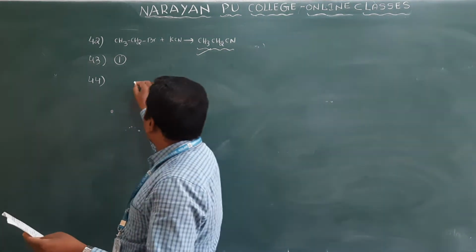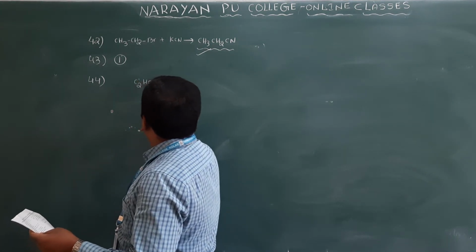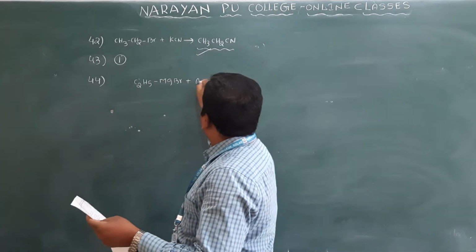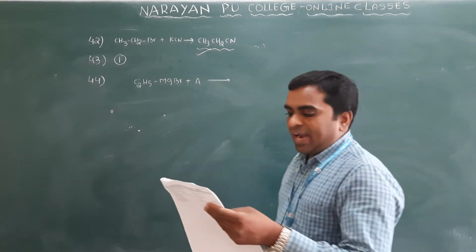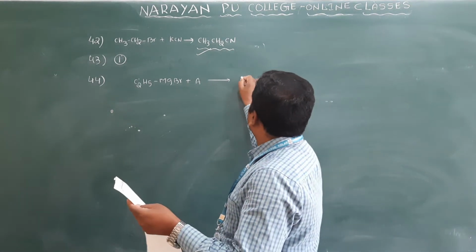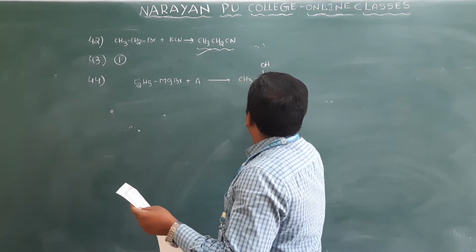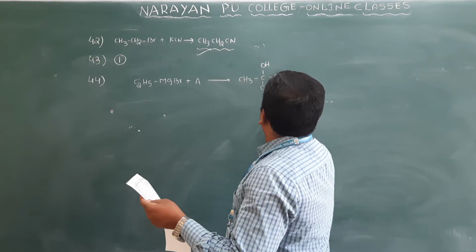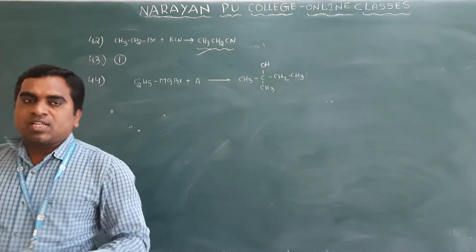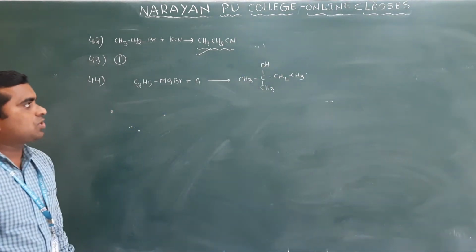Ethyl magnesium bromide, you know, is C2H5MgBr. It will react with some compound A and give 2-methyl-2-butanol. In the second position there is a methyl and an OH. Clear? This compound should come.